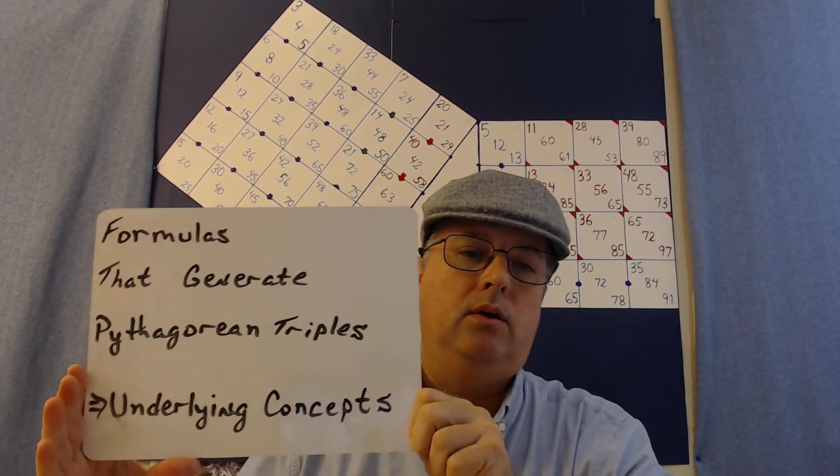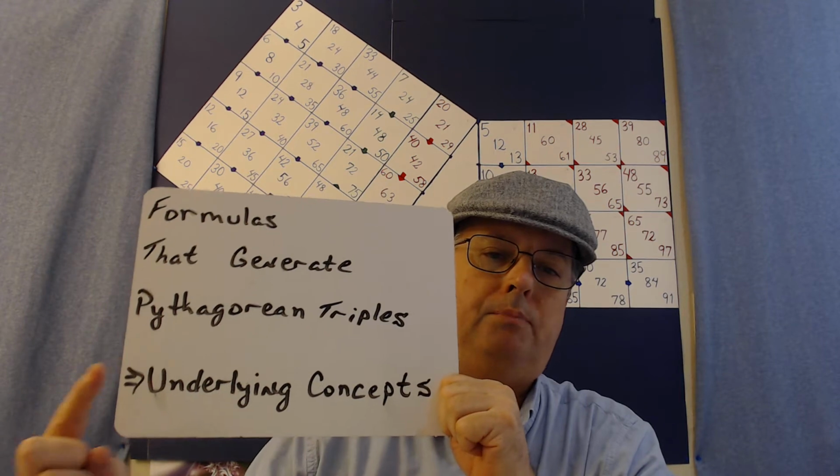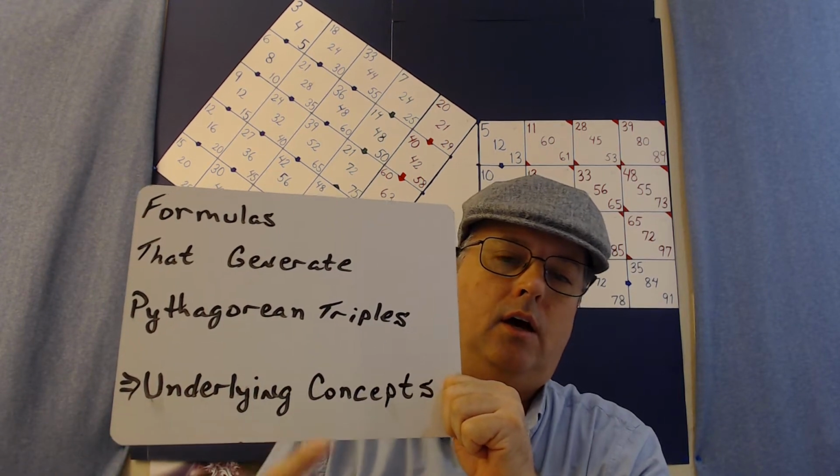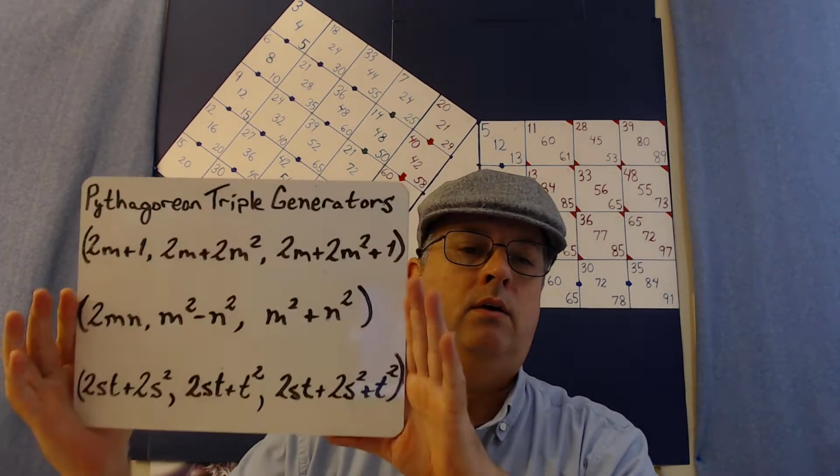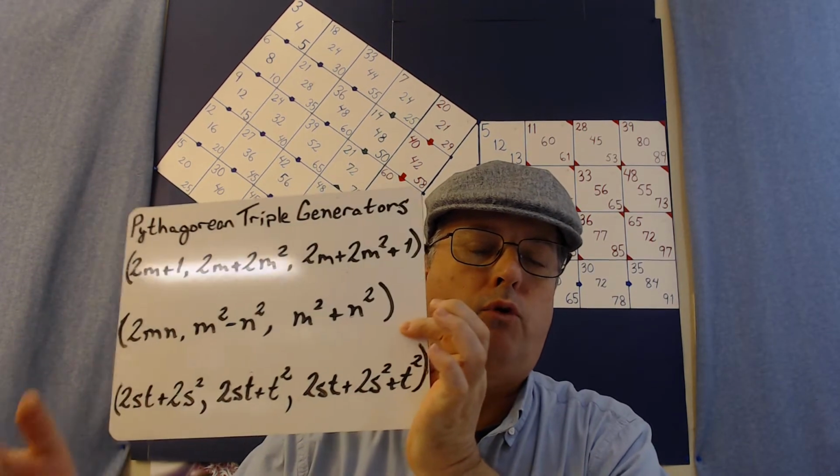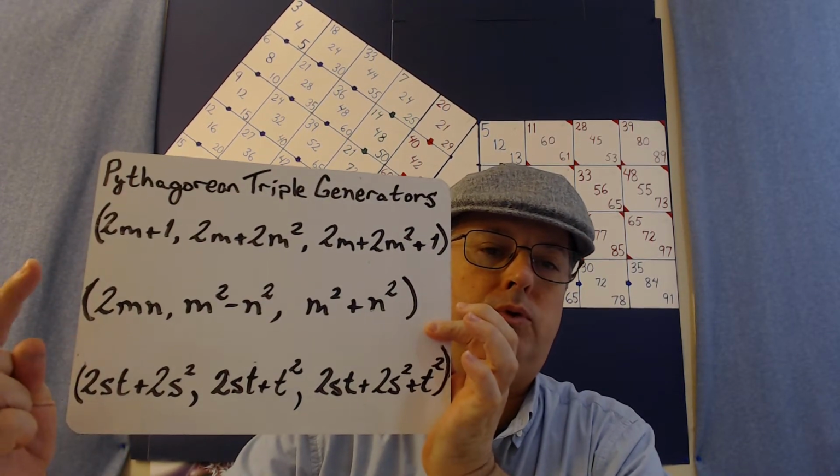Okay, so in this series of videos, we have been talking about formulas that generate Pythagorean triples and the underlying concepts. Specifically, we've been talking about these three formulas that generate Pythagorean triples.